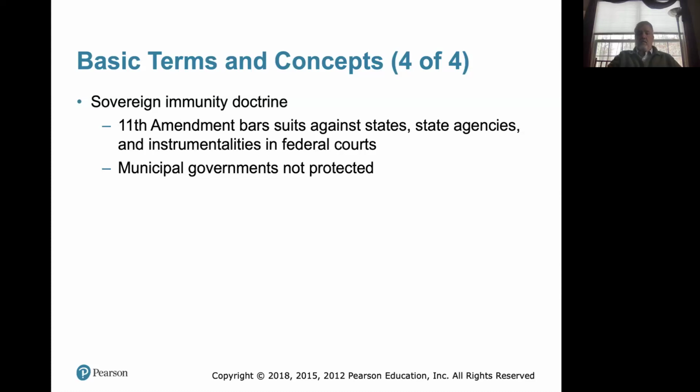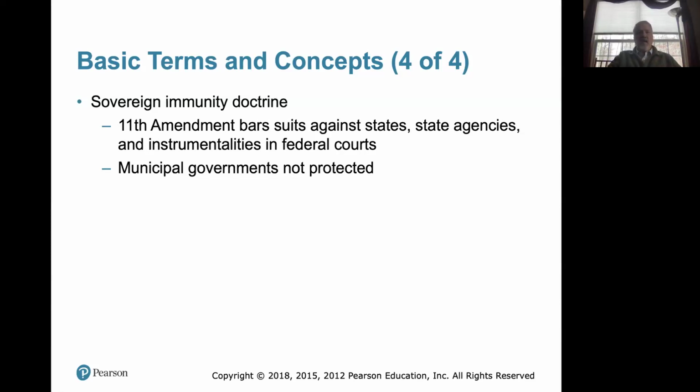You can't. You can sue municipal governments, which is city governments, smaller governmental entities within the state, but you can't sue the state directly unless the state establishes that there are certain kinds of suits that you can bring against the state. They can actually consent to allowing you to sue the state.